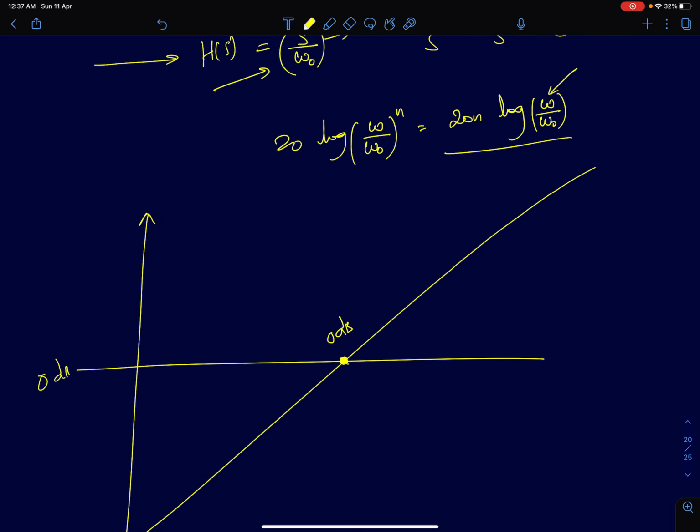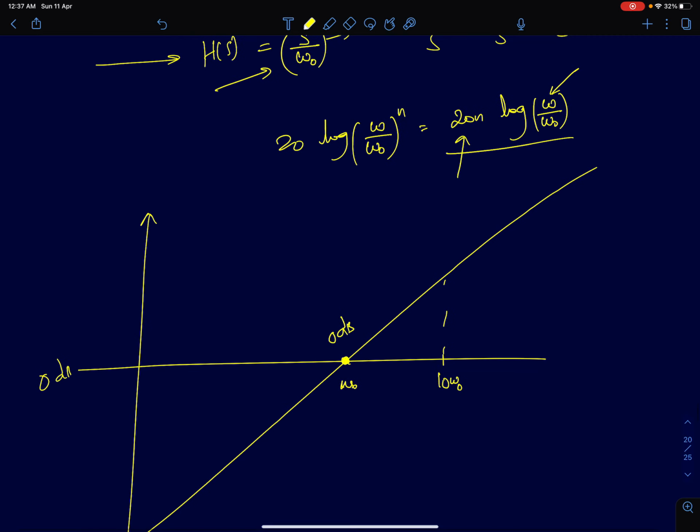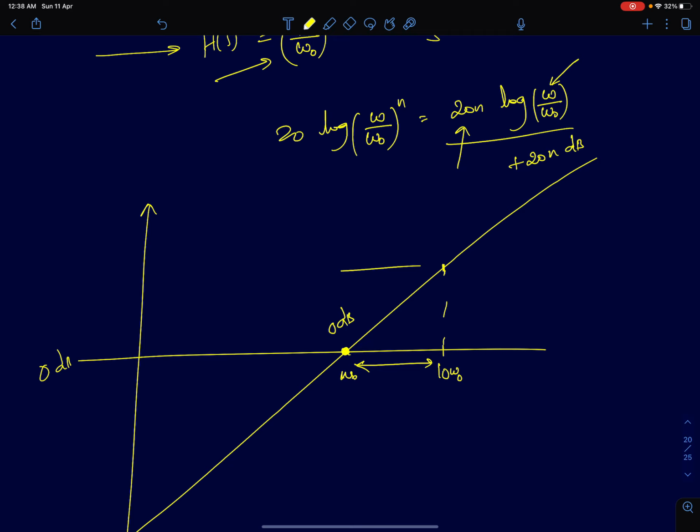Now if I increase the frequency to 10 times omega naught, the output will be plus 20n decibels. So in 1 decade, if I just increase the frequency by 1 decade, the change in the amplitude is 20n decibels. So the slope here will be plus 20n decibels per decade.